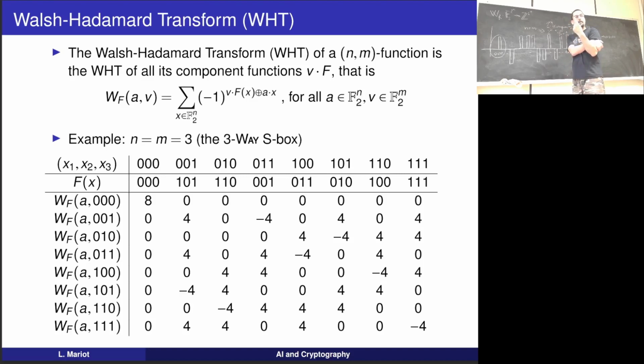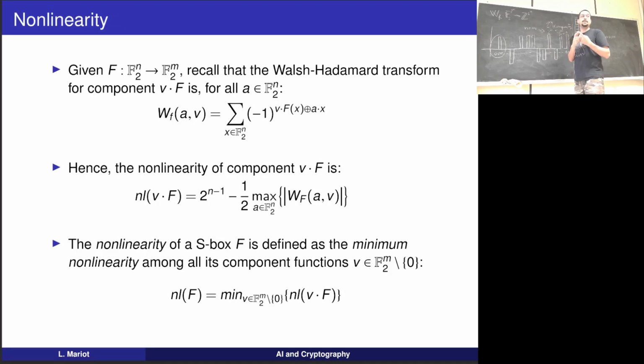If you have even only one component in your Sbox that is linear, that has nonlinearity 0, then the whole Sbox is considered to be completely linear, even if all its other components are nonlinear. Actually, you see that the linear components also form a vector subspace. So if you have, for example, 2 linear components inside your Sbox, then you also get the linear combination of these 2, and you get 4 components in total, and so on.